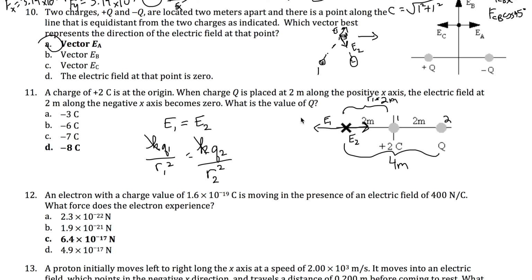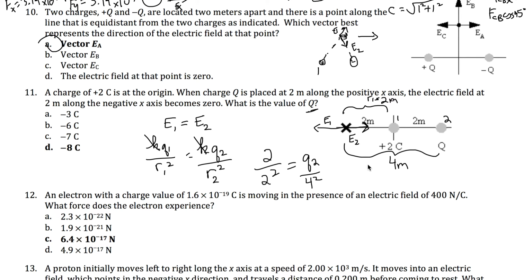So now we just need to plug in these values. Q1 was given as 2. R1 is 2, but we're going to square it. Q2 is what we're looking for, which is called Q here. And R2 is 4. We're going to square that.